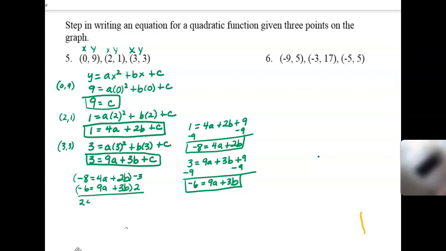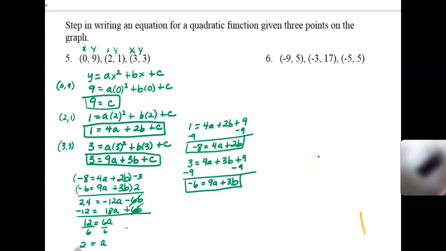So 24 equals negative 12a minus 6b. Is everybody good there? Now by 2, so negative 12 equals 18a plus 6b. Again, the purpose of that was to cancel those out, and they do. So I get 12 equals 6a, divide.